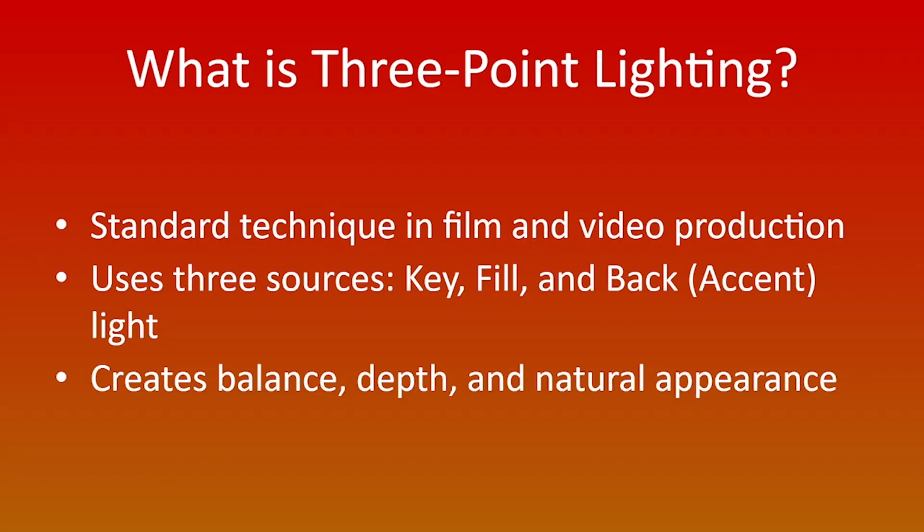It is one of those things that people use to properly communicate the mood they want you to feel, and it's made up of 3 lights: the key light, the fill light, and the accent or backlight. Each has its own role, and when you combine them, you get depth, balance, and a natural look.